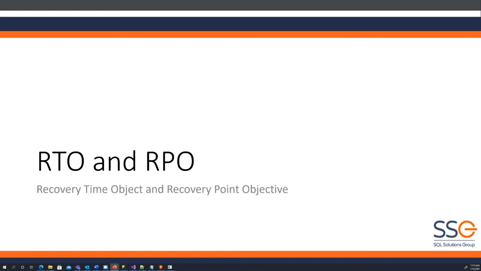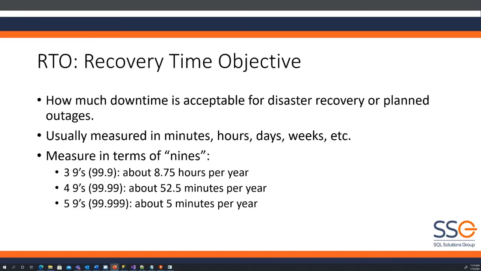Let's start with recovery time objective. Recovery time objective essentially says how much downtime is acceptable when a disaster happens, or for planned outages, right? If something happens, whether it's a single resource or an entire data center, how much time is acceptable to be down before we can be back up?